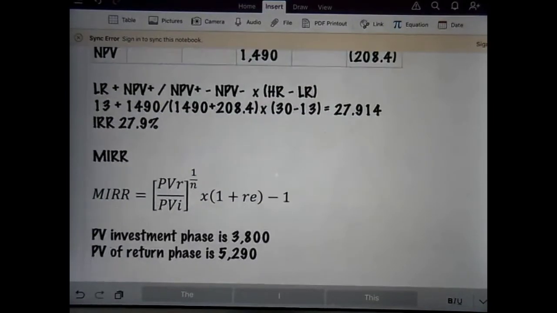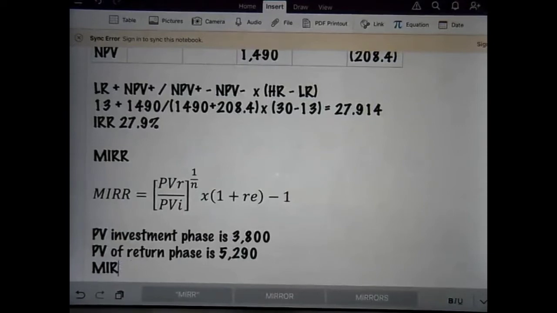And this one, if you did this correctly, you should get MIRR of, let me see whether I can get your same number.